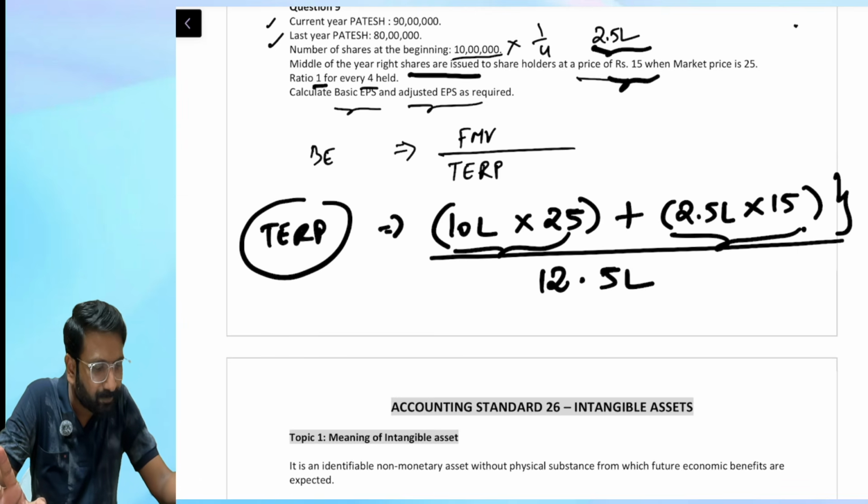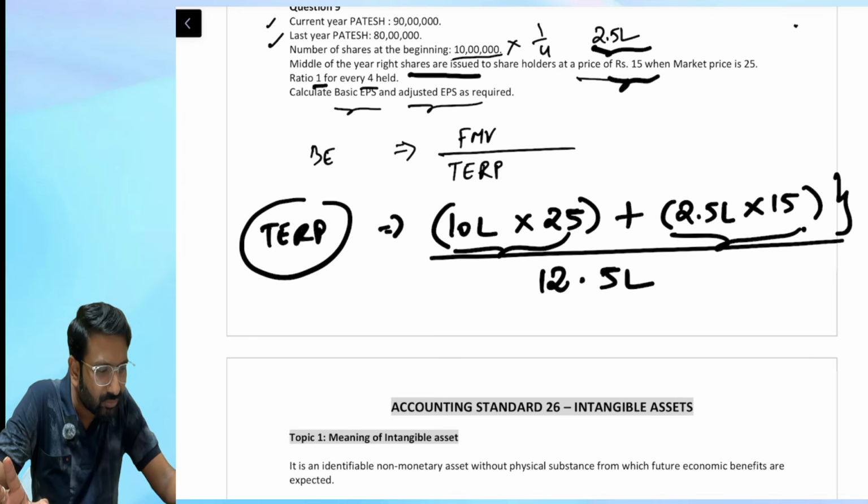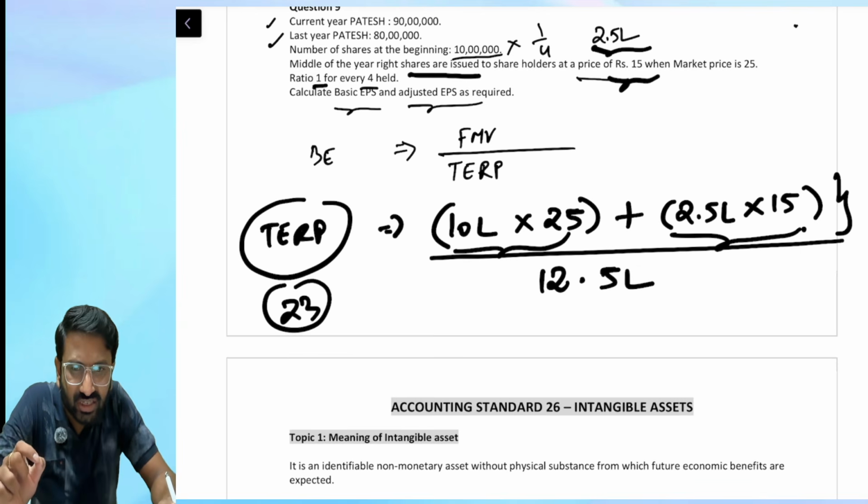So can we say 250 lakhs plus 37.5, so 287.5 divided by 12.5 lakhs. Correct. 287.5 divided by 12.5 lakhs. And that should give you 23 rupees as the theoretical ex-right price.